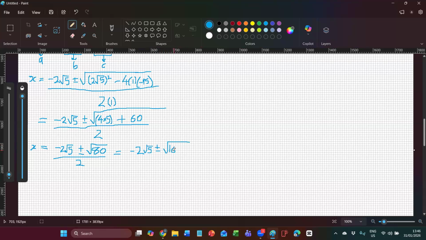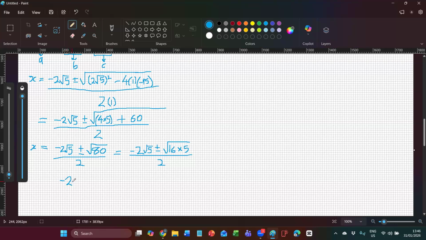And of course, I'm sure you know what will happen. That same law of indices is still an extension: the square root will simply split itself over 16 and 5.